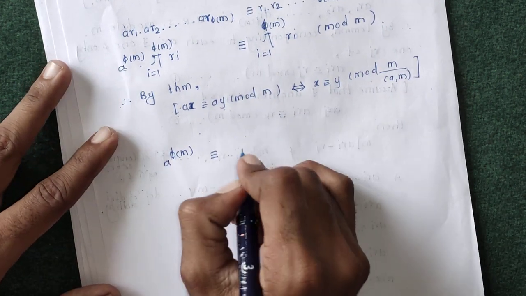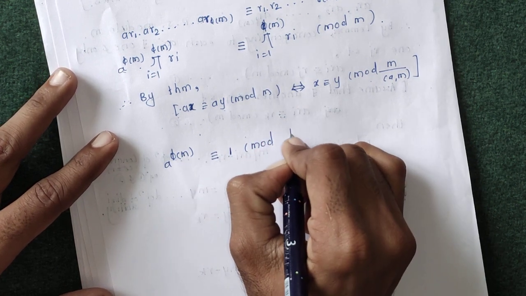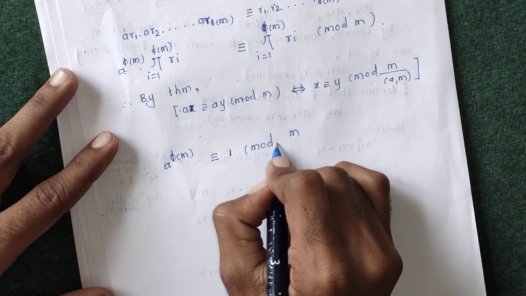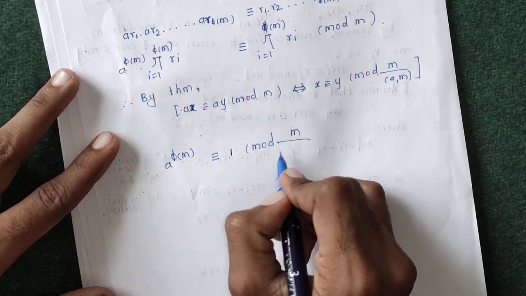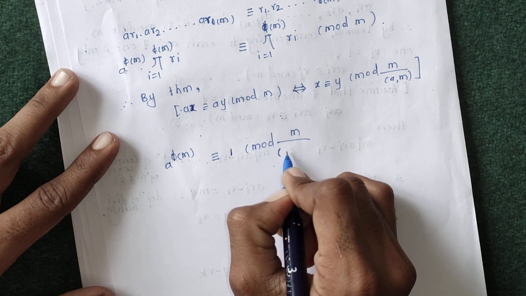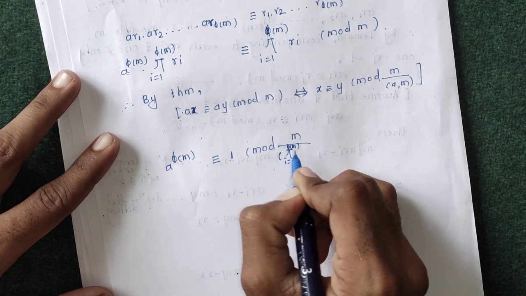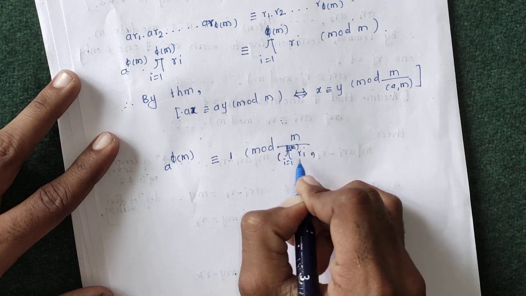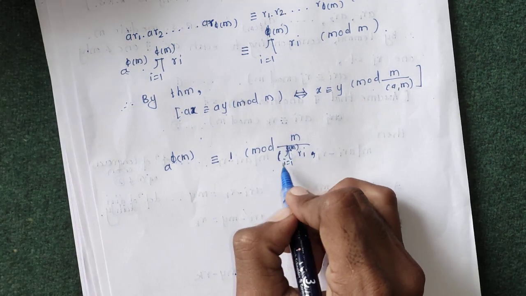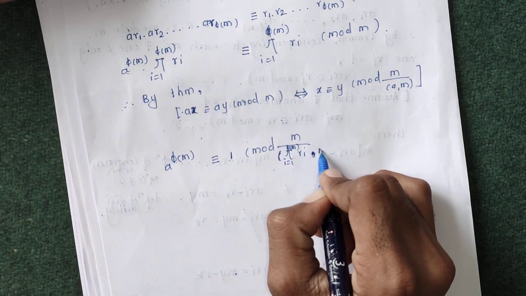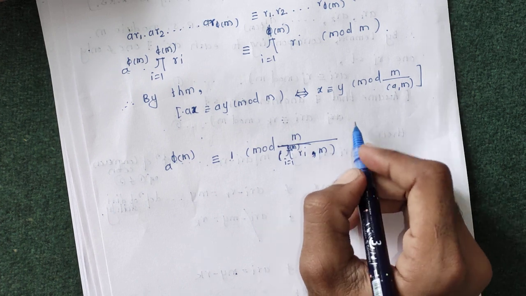So a raised to phi of m is congruent to 1 modulo m upon the greatest common divisor of a and m. Here a is the product and m is m. So this m upon the product of ri, i running from 1 to phi of m, GCD of a with m is the greatest common divisor of the product of ris with m.